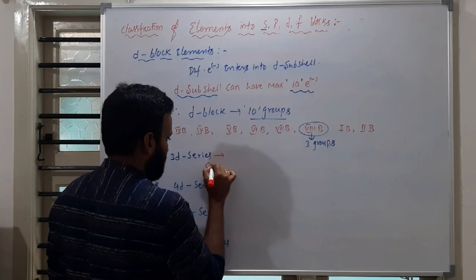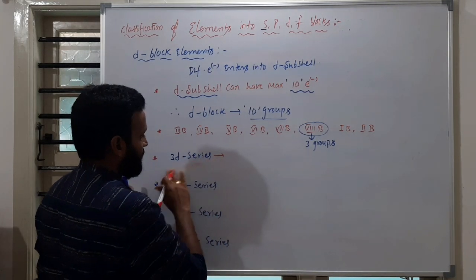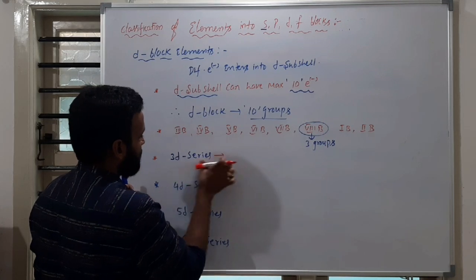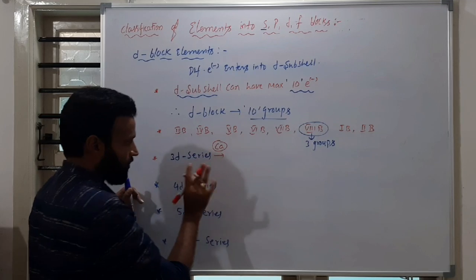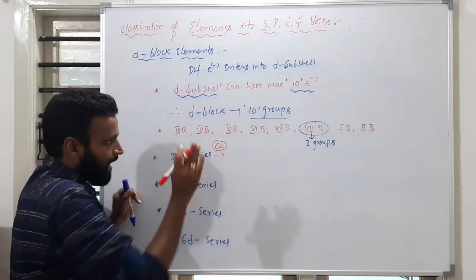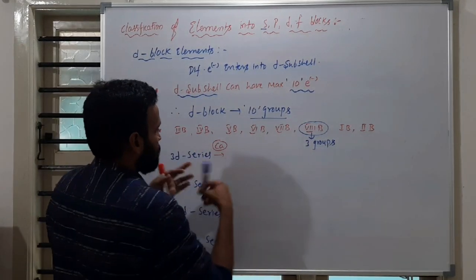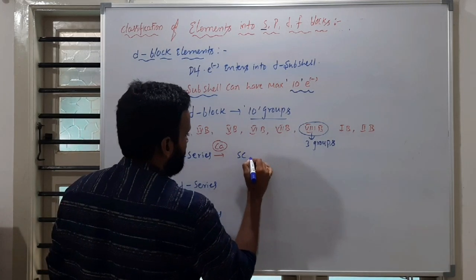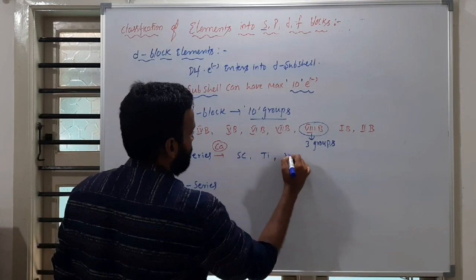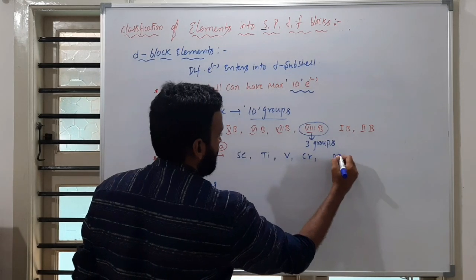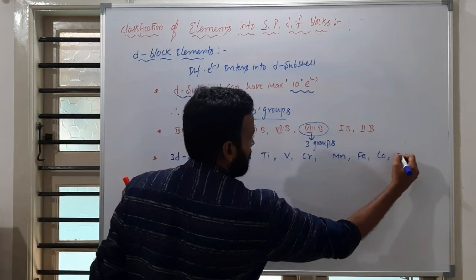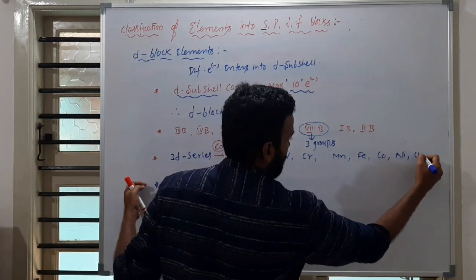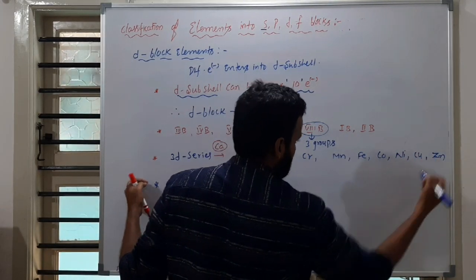After calcium, I will write calcium here first. Calcium does not belong to 3D, don't worry. After calcium we write these elements: scandium, titanium, vanadium, chromium, manganese, iron, cobalt, nickel, copper and zinc.